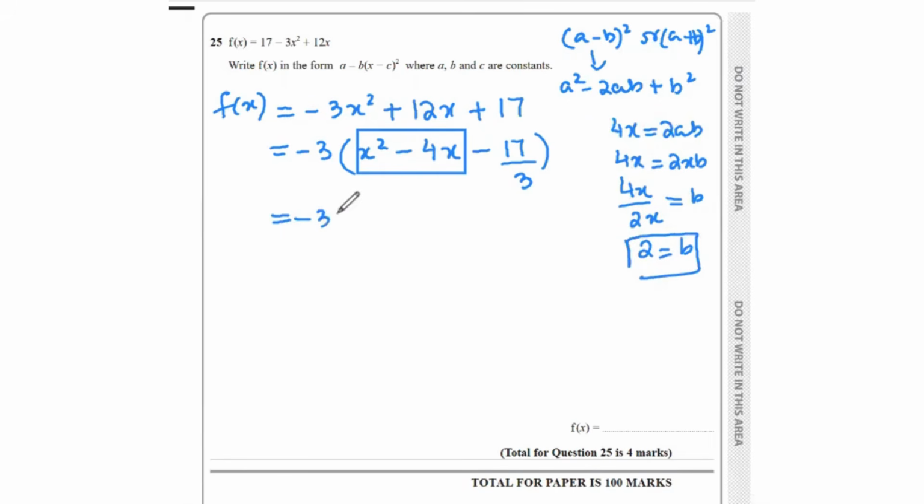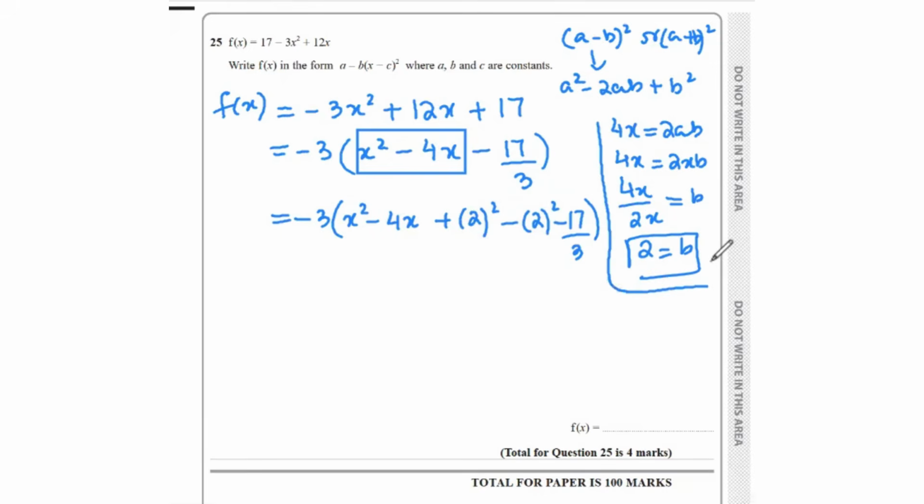So we can rewrite this as negative 3 bracket x squared minus 4x, now plus b squared, so plus 2 squared. But we'll do minus 2 squared as well. The reason why I'm doing minus 2 squared as well is because we're adding a new term, plus b squared, in this equation. So if you're adding something new, you have to subtract it as well. If you're multiplying something new, you have to divide it as well.